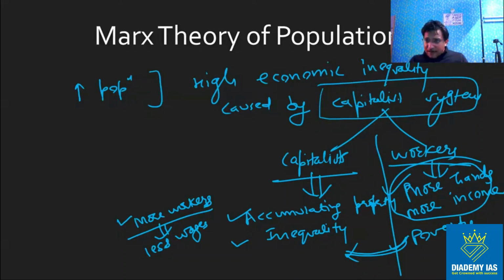So this capitalist system is the root cause of increasing population, increasing poverty, increasing unemployment. Why increasing unemployment?